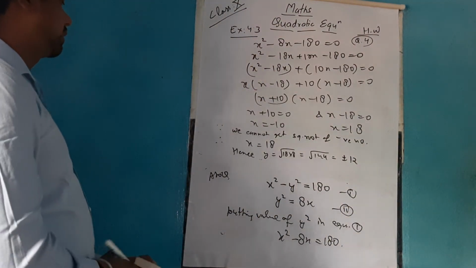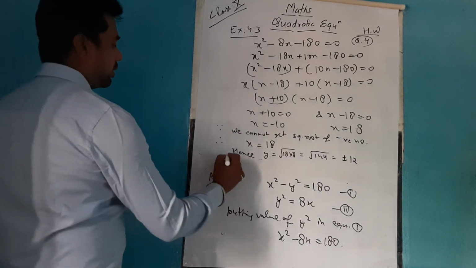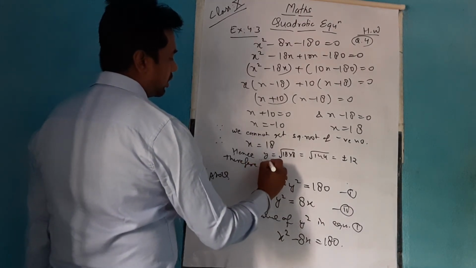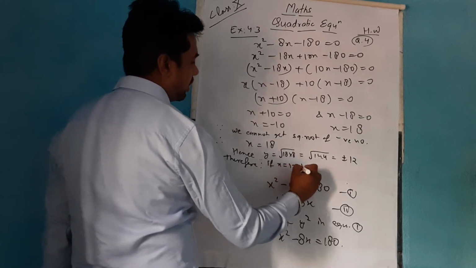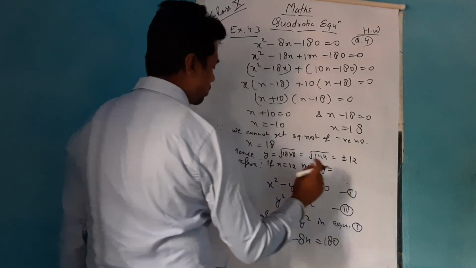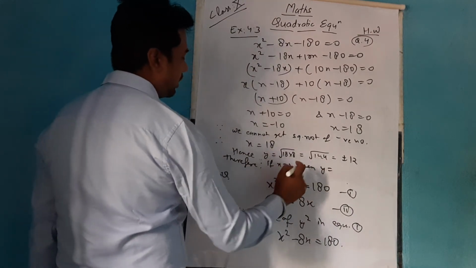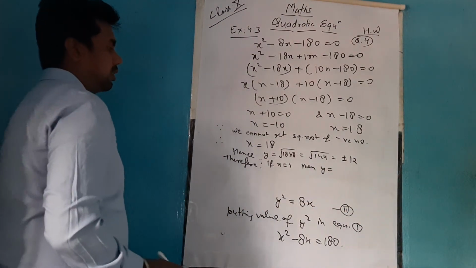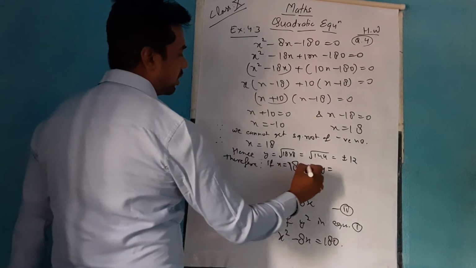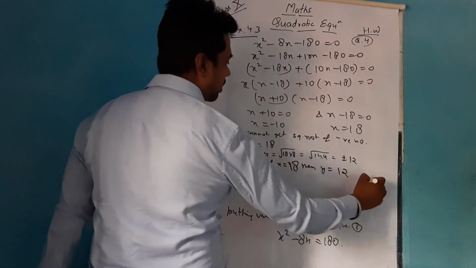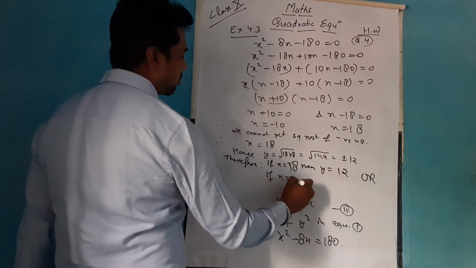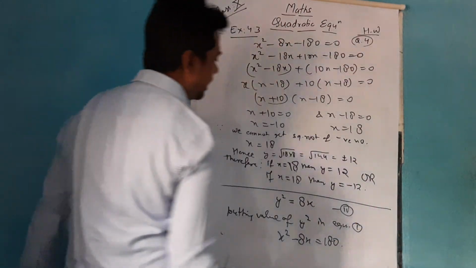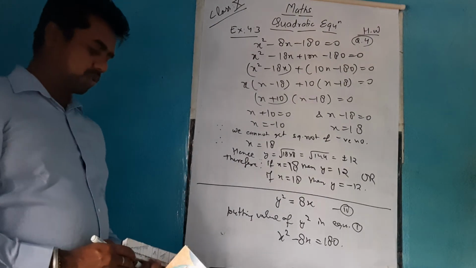So we'll write the answer as: if x equals 18, then y equals 12, or if x equals 18, then y equals minus 12, as two values of y are possible, plus 12 or minus 12.